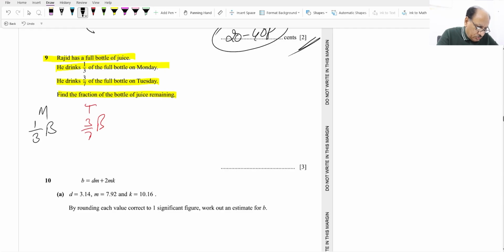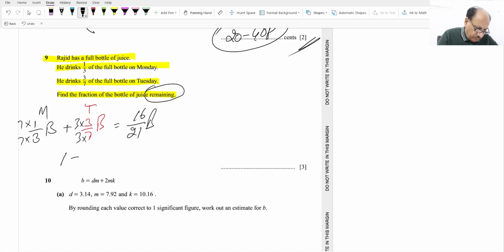Okay, so we need to add these two. We will equalize the denominators, so this will be multiplied by 7, and this will be multiplied by 3, and after equalization we will get 7 plus 9 will be 16 over 21 of the complete bottle, and then we have to subtract because they are asking for the remaining one.